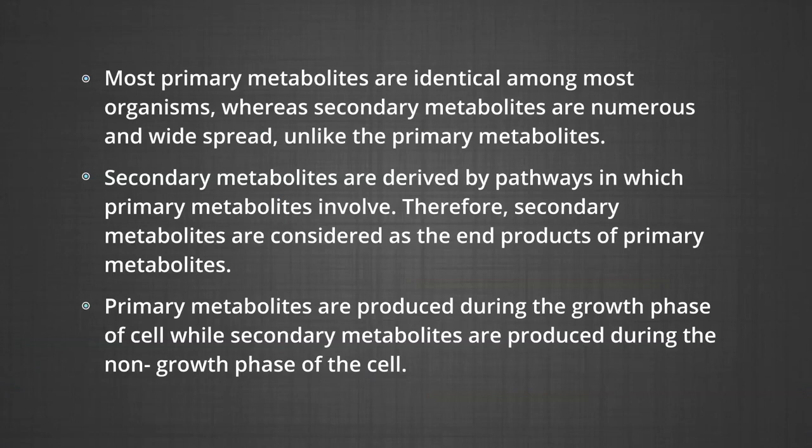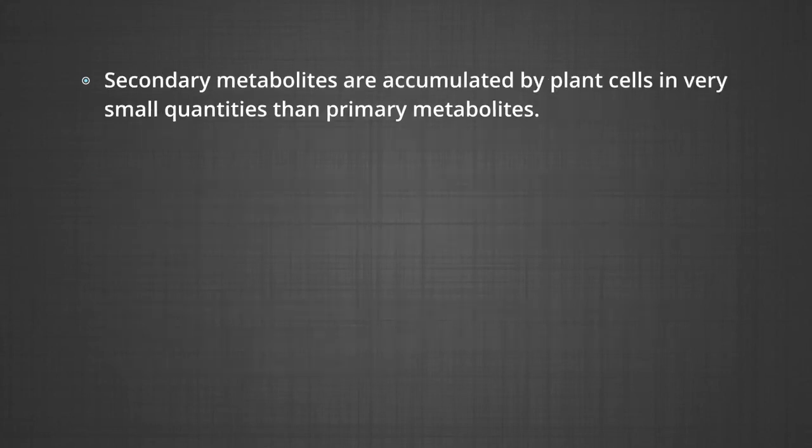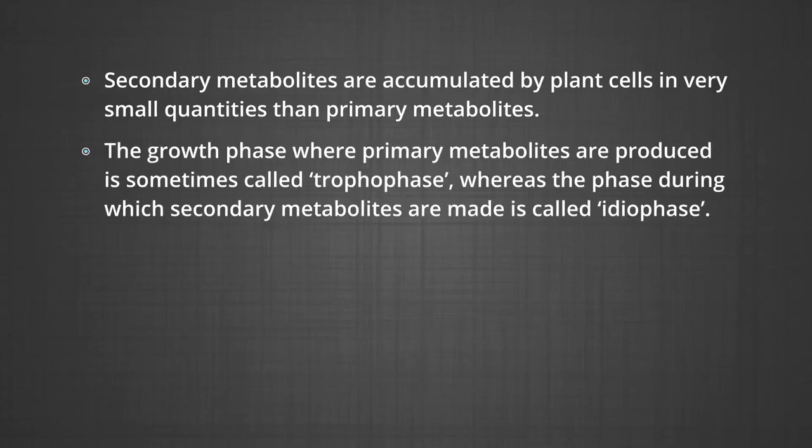The primary metabolites are produced during the growth phase of the cell, while secondary metabolites are produced during the non-growth phase of the cell. The secondary metabolites are accumulated by plant cells in very small quantities compared to the primary metabolites. The growth phase where primary metabolites are produced is sometimes called trophophase, whereas the phase during which secondary metabolites are made is called idiophase.